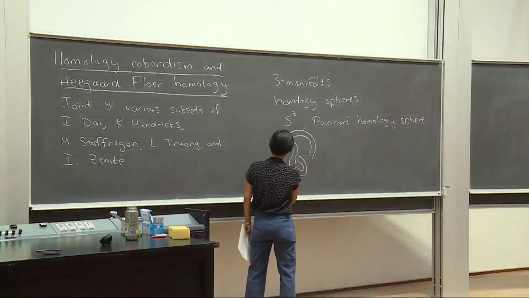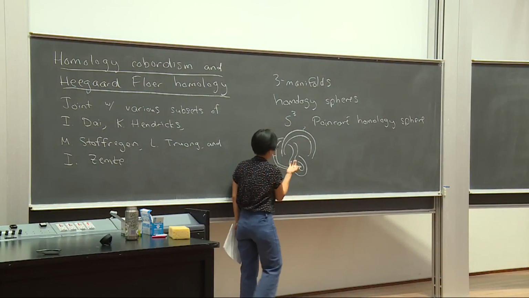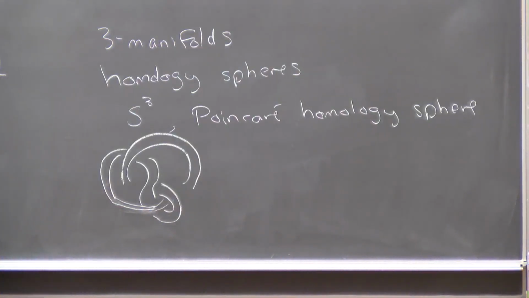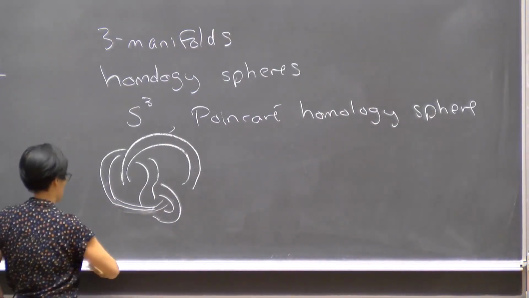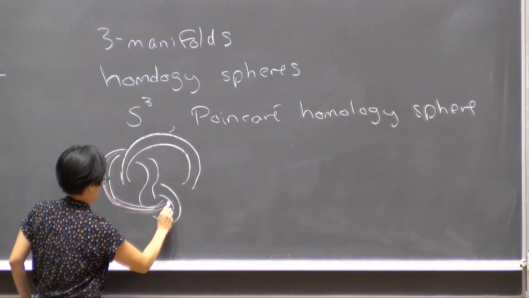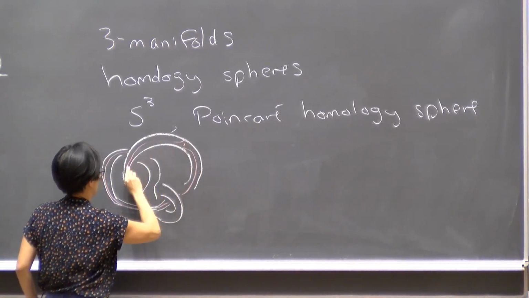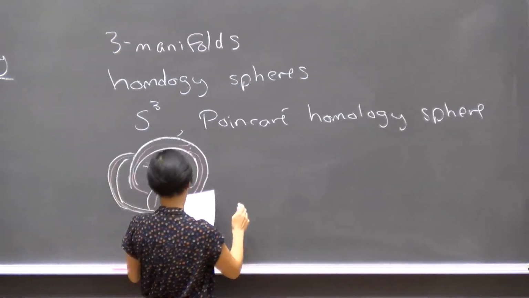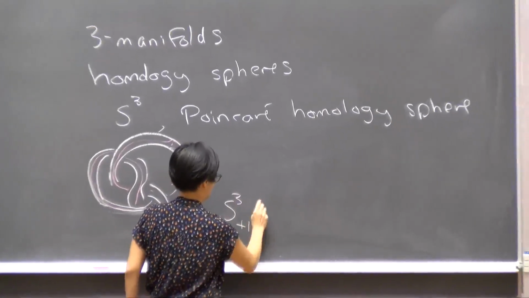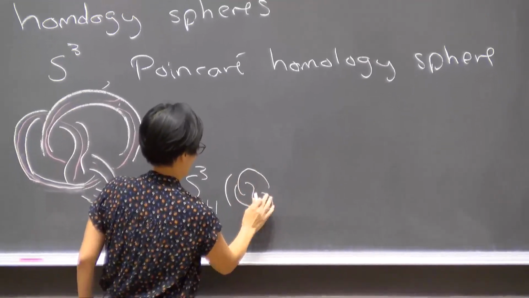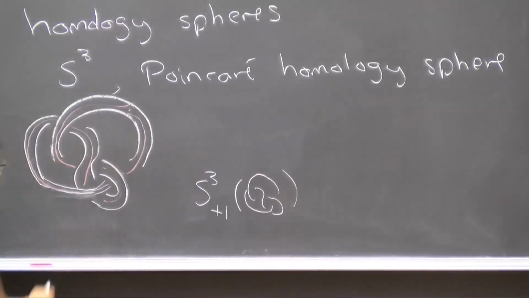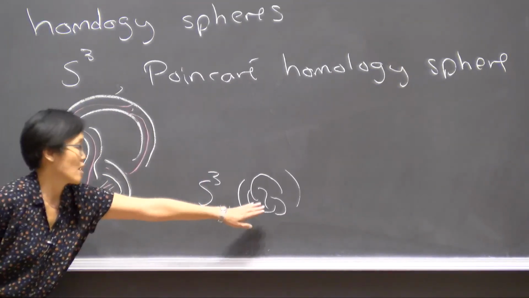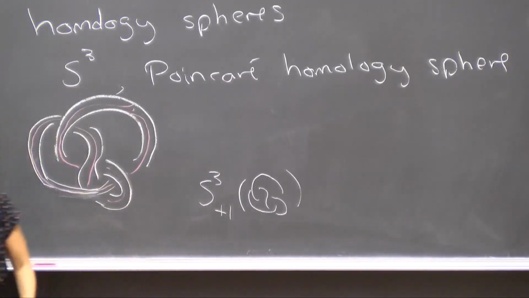Originally this curve bounds a disk in S^3, but now we've taken out a solid torus, and we'll reglue the solid torus so that this curve bounds a disk. This is called +1 surgery on this knot. The +1 refers to how we're gluing back in the solid torus. And it turns out it's an exercise using Mayer-Vietoris to check that for any knot in S^3, if you do this recipe, you'll get back a homology sphere.